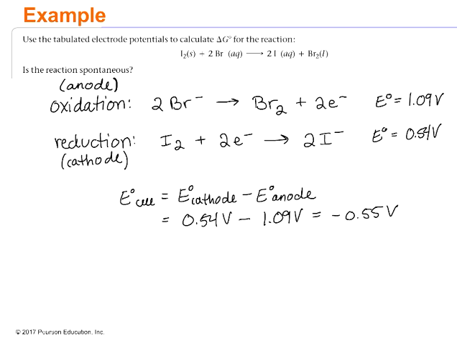So do you remember, if E cell is negative, does that mean it's spontaneous or non-spontaneous? It is non-spontaneous. So knowing that, will delta G be positive or negative?